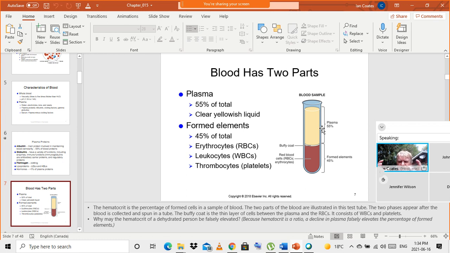It's a machine where, think of a cowboy throwing a lasso. This whole idea of spinning pulls things to the outside. It's called centripetal force.